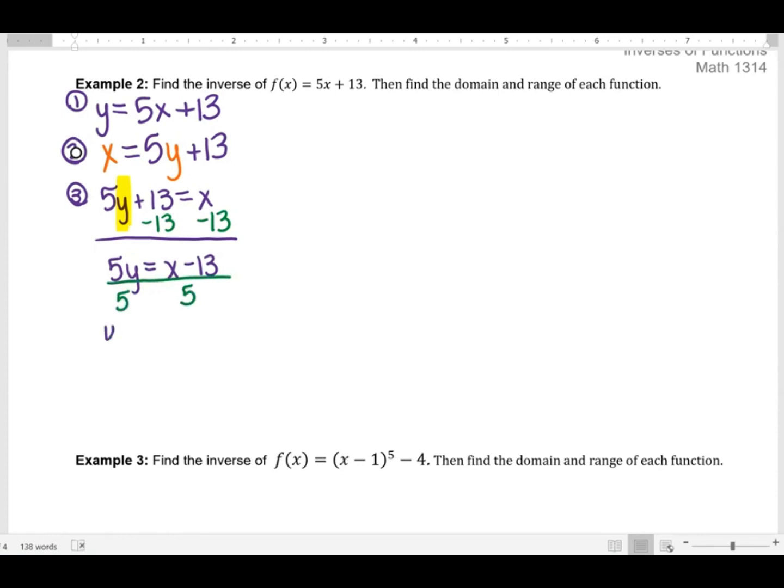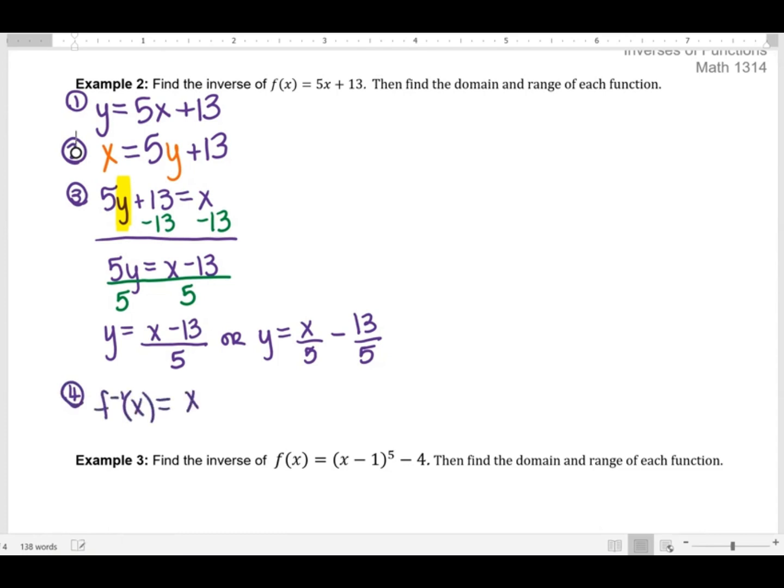You have two ways that you can write this. You can leave it as x minus 13 all over 5, or you could do x over 5 minus 13 over 5. Either one is fine. But in the fourth step, you need to make sure that you replace y with the inverse notation.